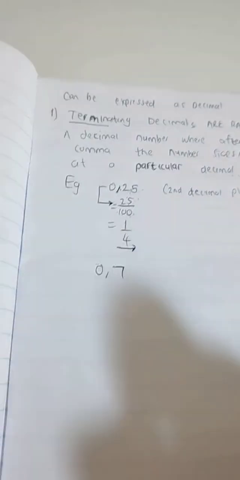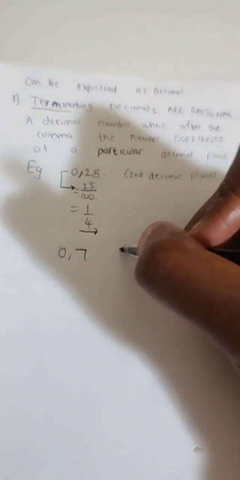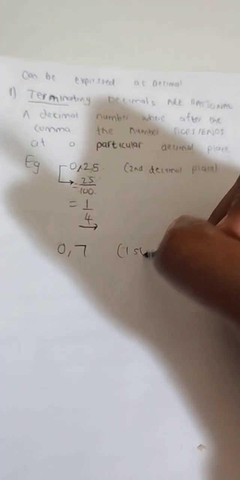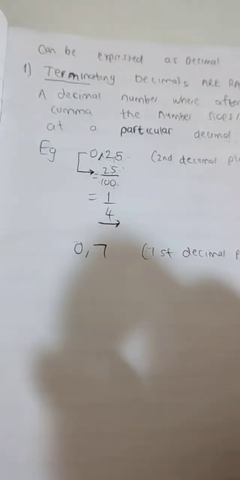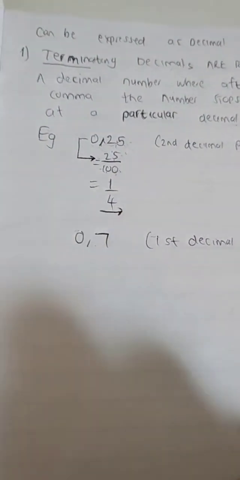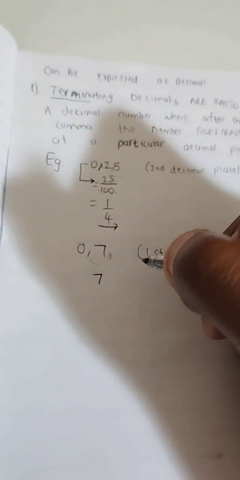Let's look at another example. 0.7. This decimal number stops at the first decimal place. If it stops, it means we can convert it into a fraction. How? We move the decimal once to the right, we get the number 7. How many times did you move? Once. So that means one 0 follows the 1.